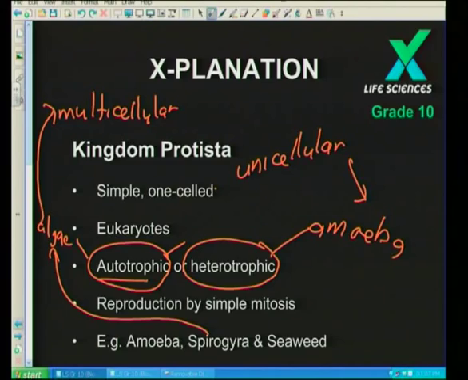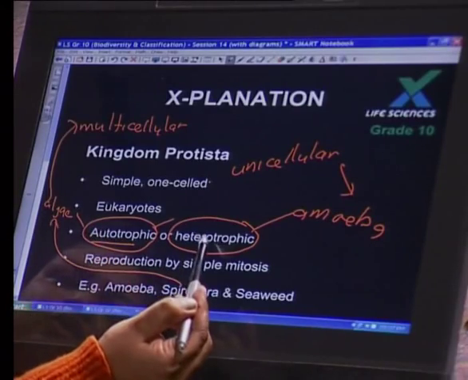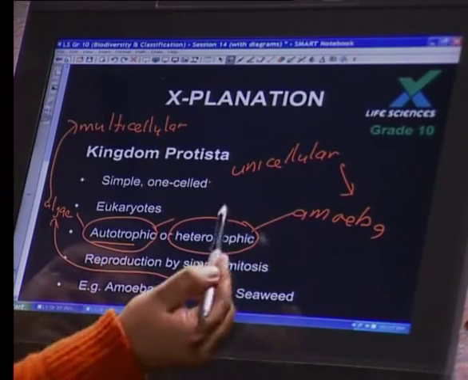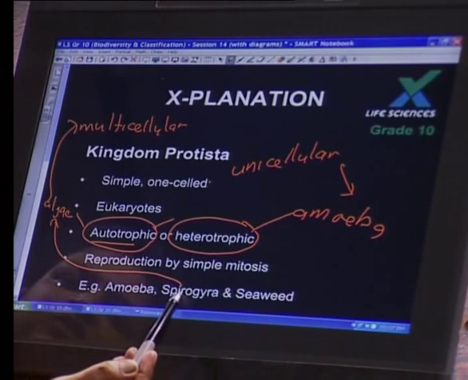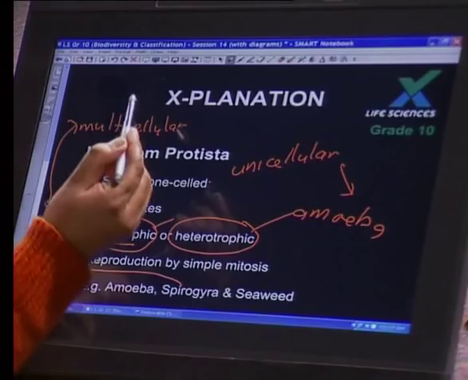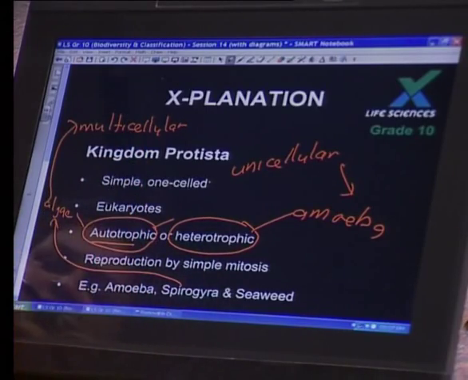So kingdom protista could be unicellular or multicellular. They are true cells, and the mode of nutrition could be autotrophic or heterotrophic. If it's an amoeba, it's heterotrophic. If it's an algae or a seaweed or a spirogyra, it is autotrophic. And these are the most important characteristics of protista.